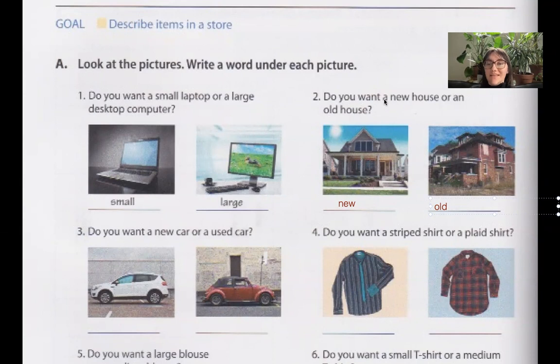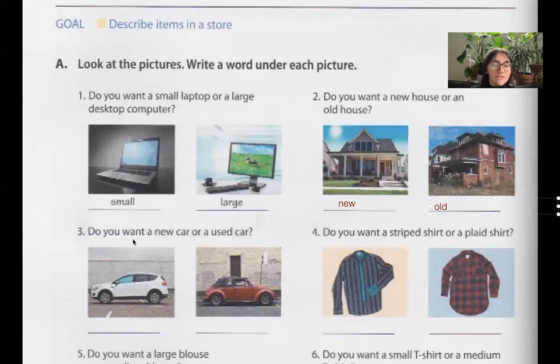So you'll see a new house, right? Because it makes the N sound. And we use an old because it's a vowel sound. So we don't just look at how it's spelled, we look at the sound that it is. So remember, that's a way we can tell.